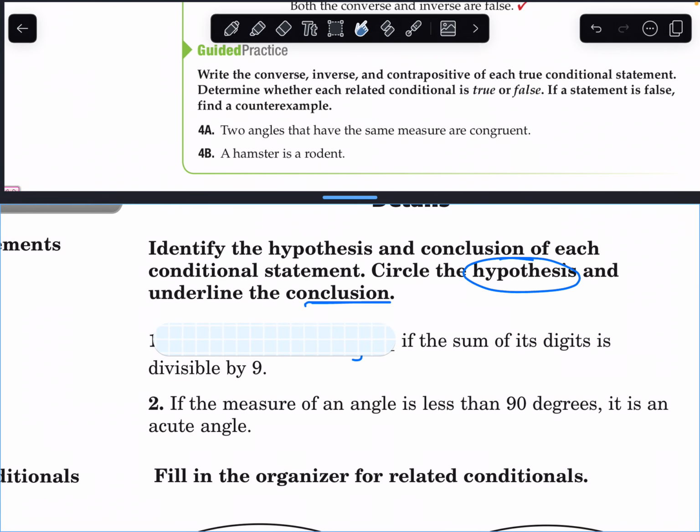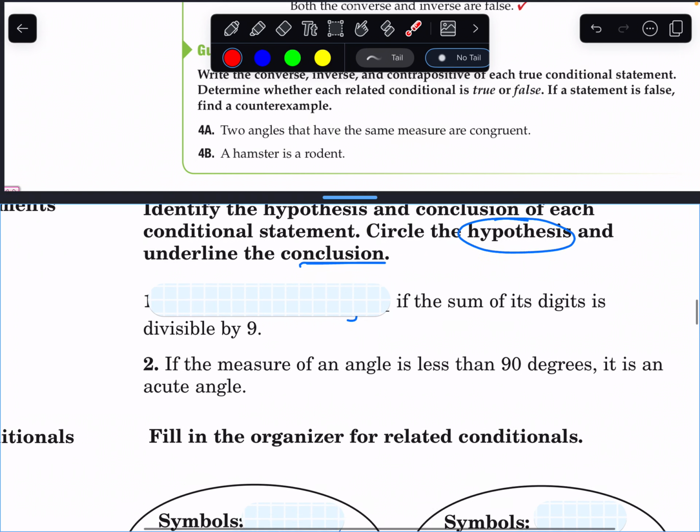We're going to practice identifying the hypothesis and conclusion of each conditional statement. We'll circle the hypothesis and underline the conclusion. However, for the first statement, the entirety of the statement is not actually given. We only know if the sum of its digits is divisible by 9.